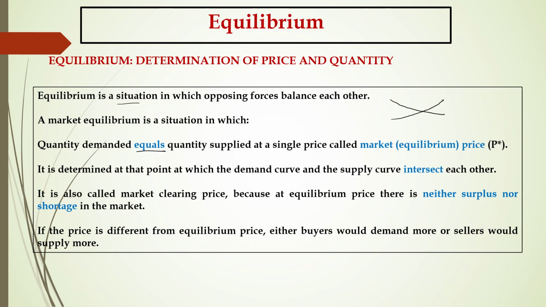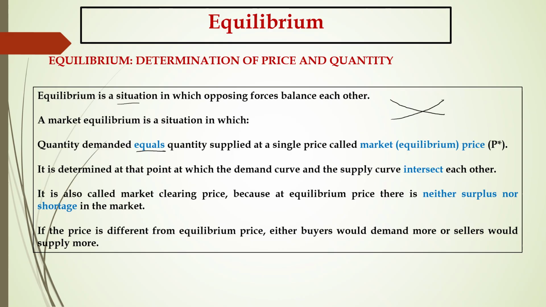It is also called the market clearing price, because at equilibrium price there is neither surplus nor shortage in the market. Why is there neither surplus nor shortage? Because at equilibrium price the quantity demanded and the quantity supplied are equal. So when they are equal, there will be neither a shortage nor a surplus of the product in the market.